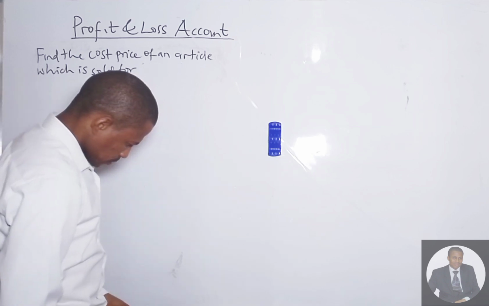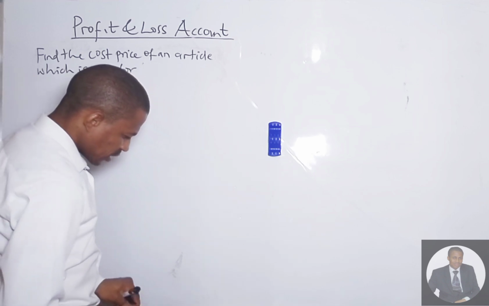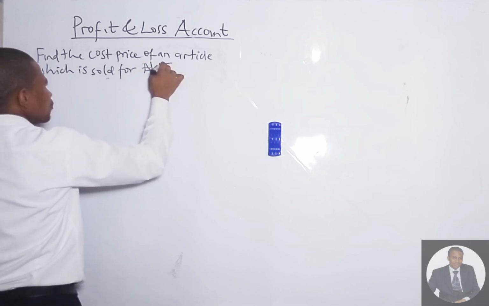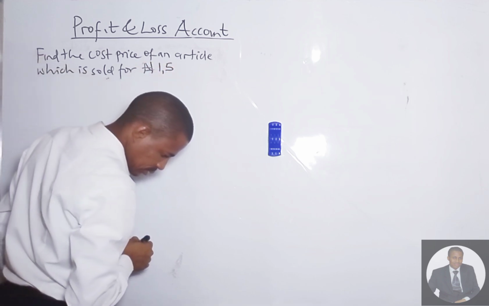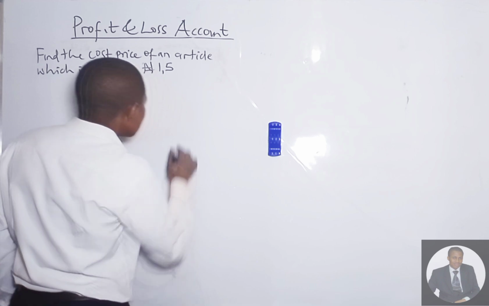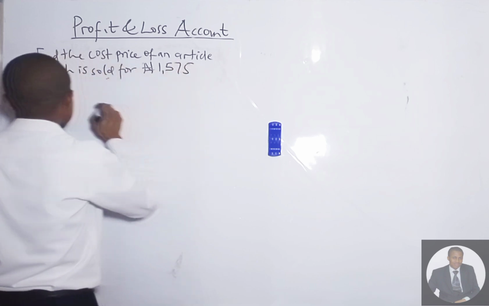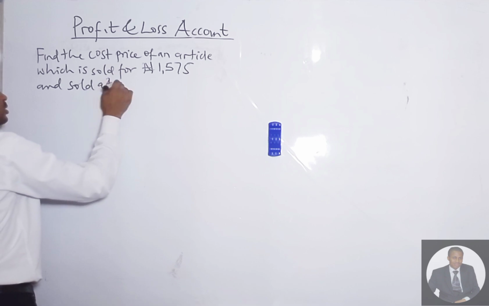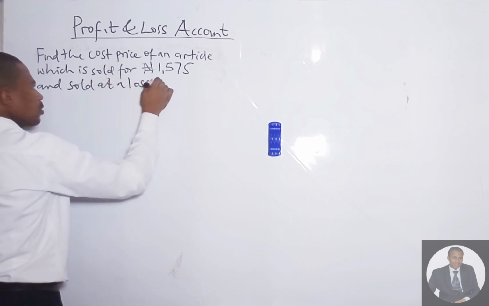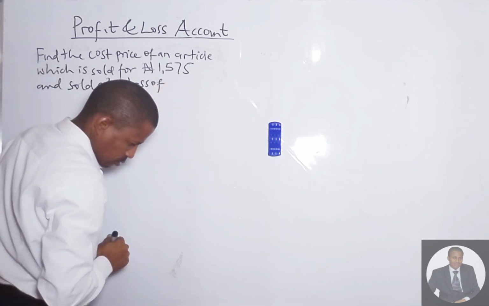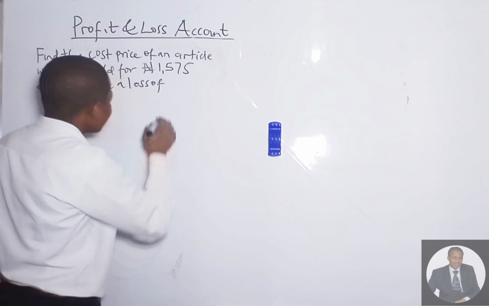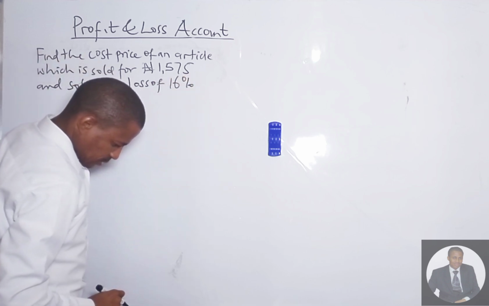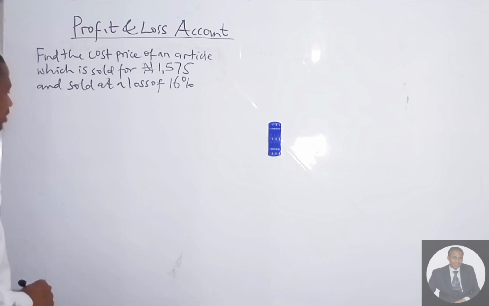Question: find the cost price of an article which is sold for 1,575 naira at a loss of 16%.